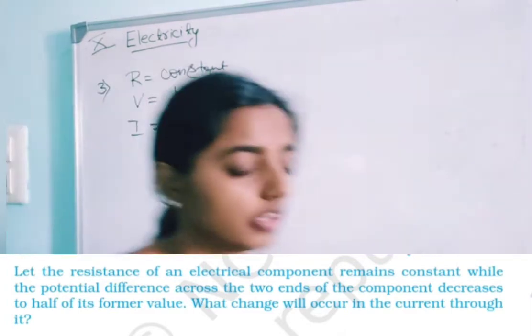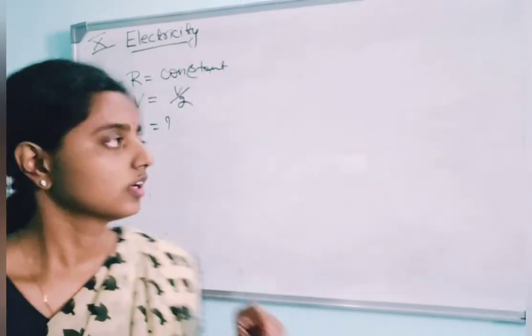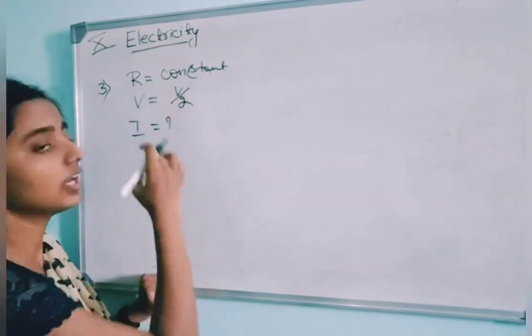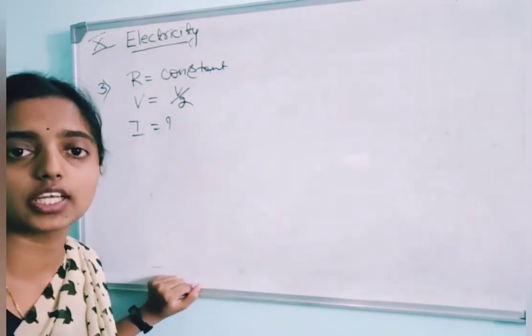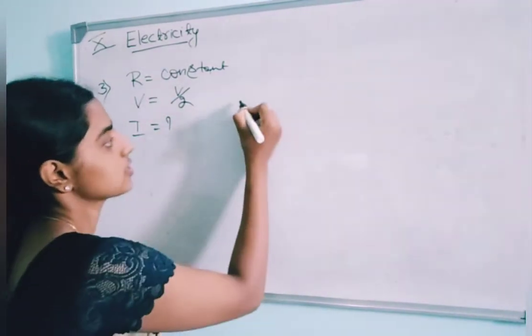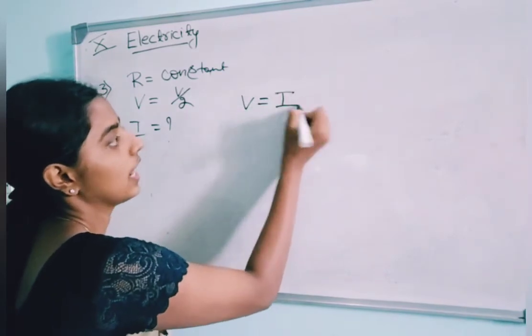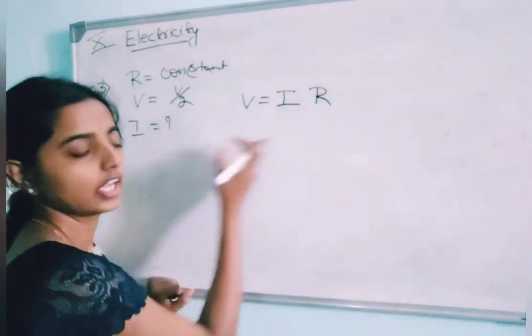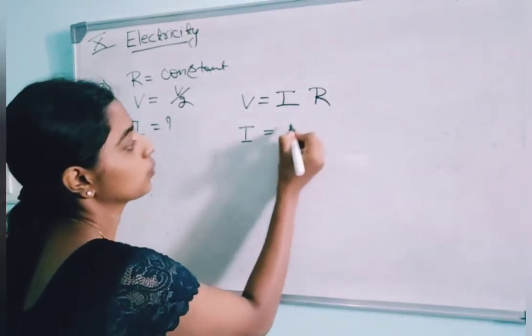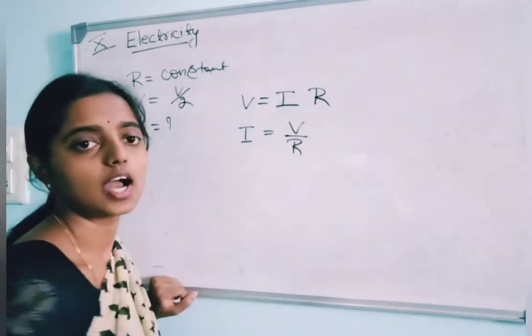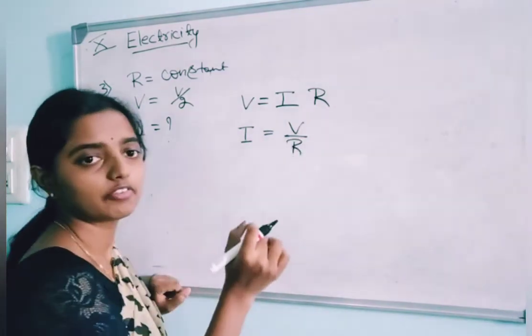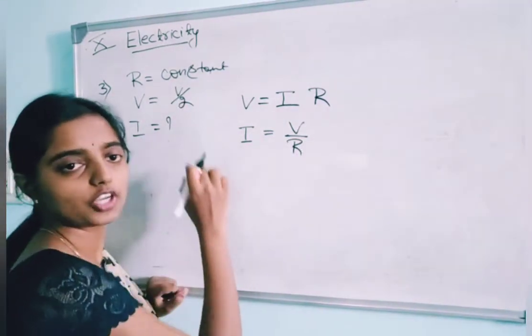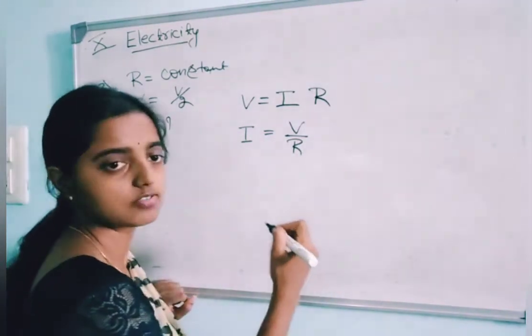Now, what do you need to do if you get this type of question? Everything is there: V, R, I. So, which formula do we need to take here? Ohm's law. What is that? V is equal to IR. Clear? And what do we need to find out? I. So take I outside. I is equal to V by R. Clear? Now what are they given for V? V by 2, that is, the potential difference becomes half, that is, it decreases.